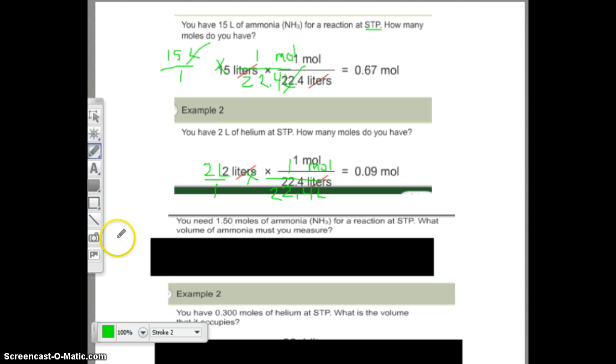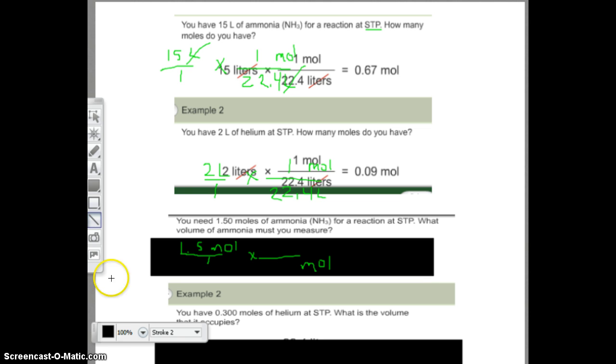All right, let's do the next one. You need 1.5 moles of ammonia for a reaction at STP. What's the volume of ammonia you must use? What do we start with? 1.5 moles. What has to be on the bottom of my next fraction? Has to be moles because the moles have to cancel. It's all about canceling.